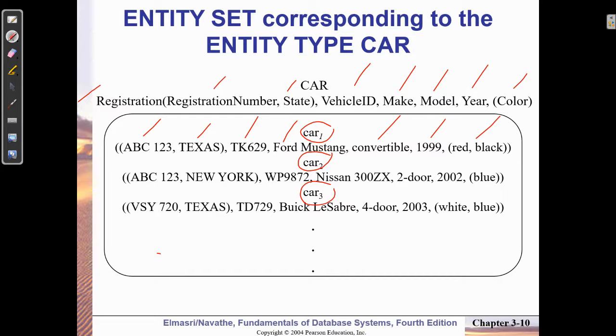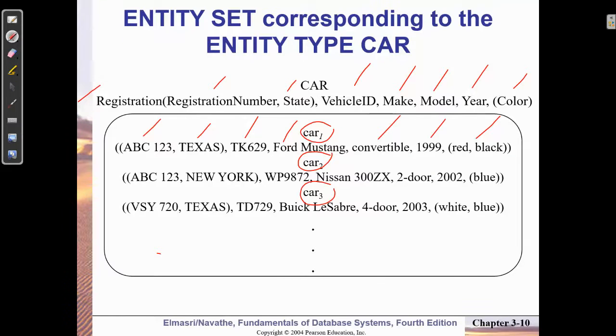See here, red black. So this red black comes under which particular attribute? Is it simple, composite, or multi-valued? I'm waiting for your answer. Multi-valued, yes. Right.